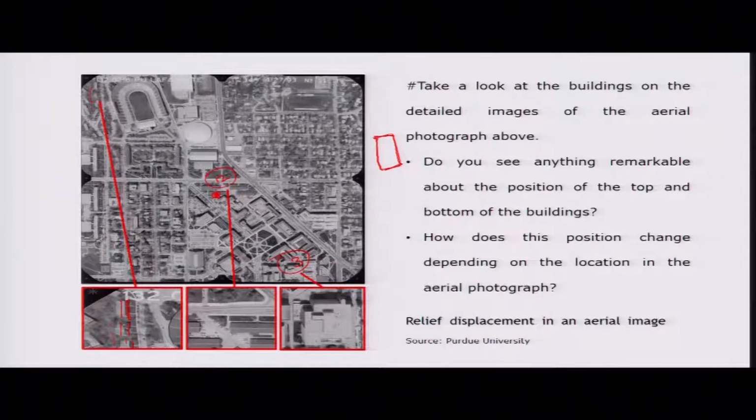Okay. Similarly, at this place also you can see, because there is some ground relief at location window 2. So, here you can see that this road is going like this. Okay. So, it is showing some kind of displacement on the image.